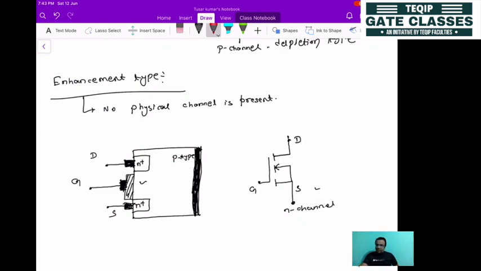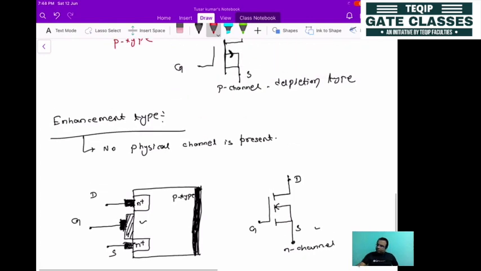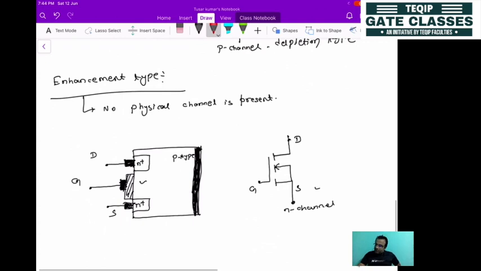how the operation will happen. Let's say there is no physical channel, so this material is the P type material. There are two possible cases. If you apply a positive voltage, then what will happen?